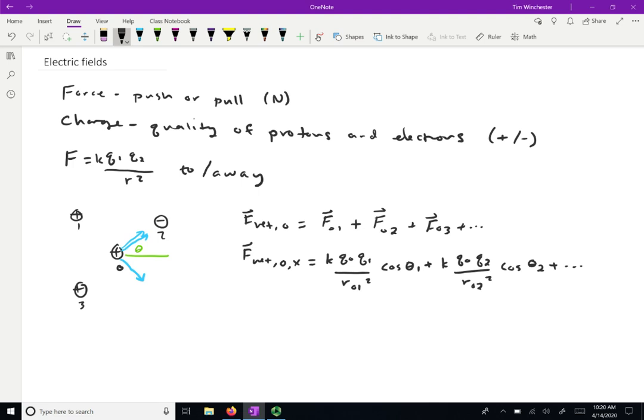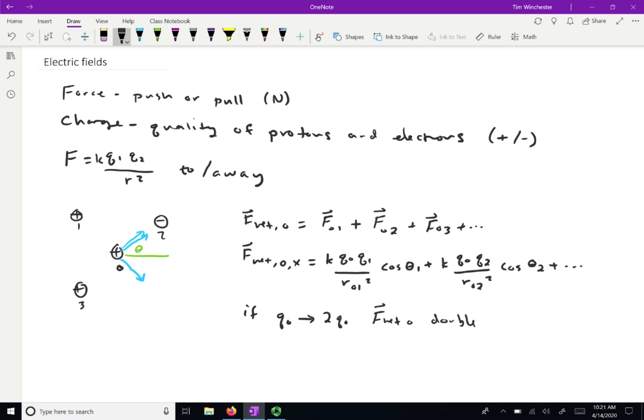Also, if we change one of the other charges, if we change charge 1 or 2 or 3, it'll make some small difference in the overall force. But if we change charge 0, that will change everything. Okay, so for example, if we take charge 0 and we doubled it, so we take it to 2 times charge 0, then the net force on 0 will double.